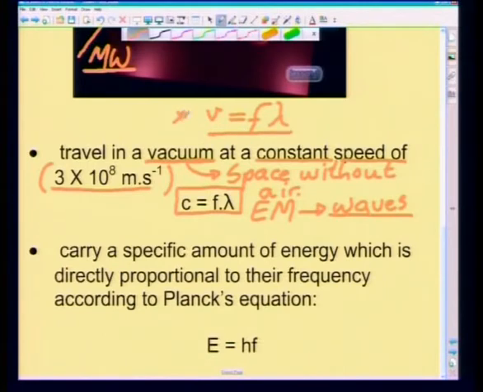That's the wave equation. But then because here we're talking about specific waves, we're talking about electromagnetic radiation and we know the constant speed at which they travel. This constant speed at which they travel is given a symbol c. So we say c to mean the speed of electromagnetic radiation waves.